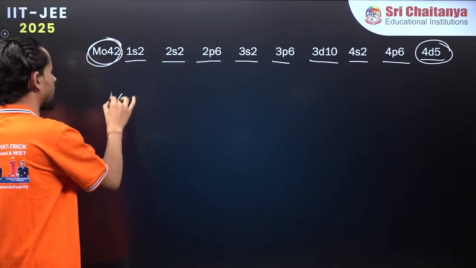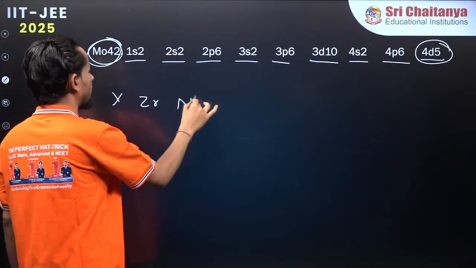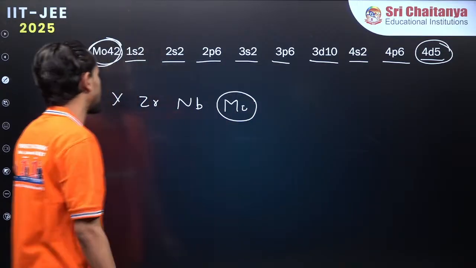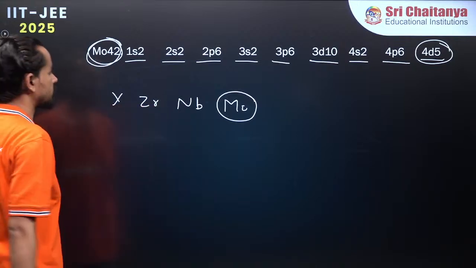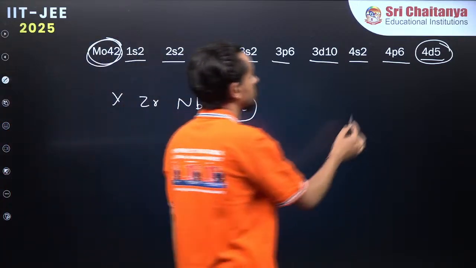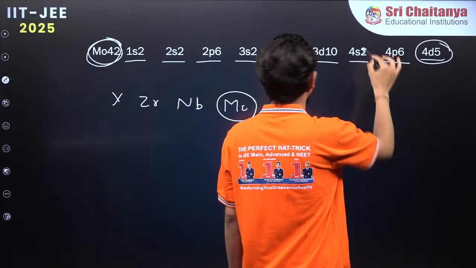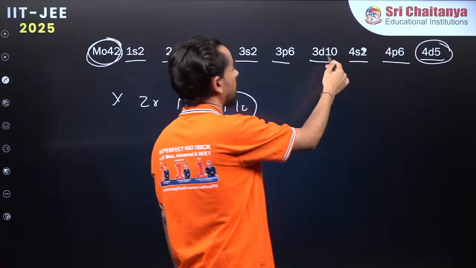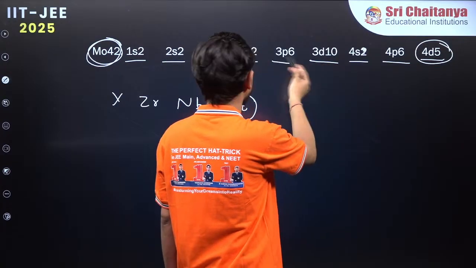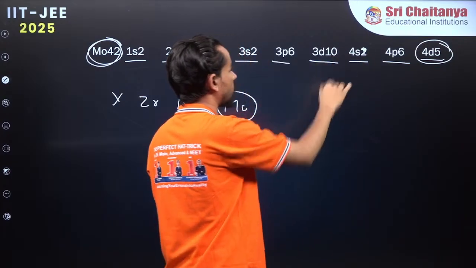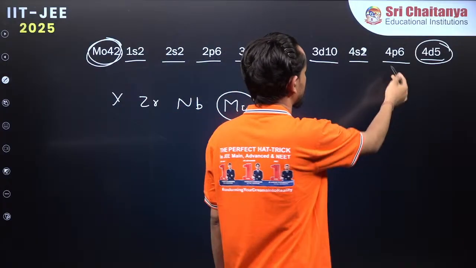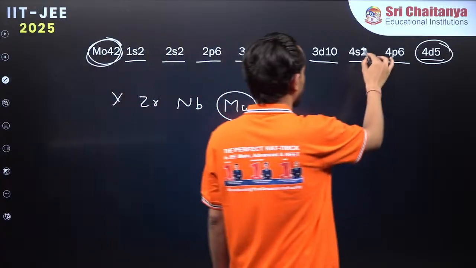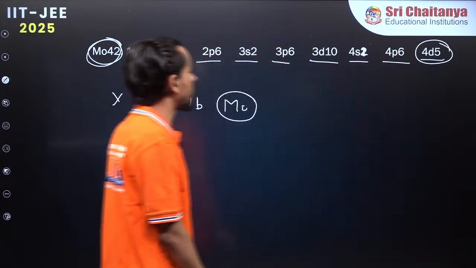Let me check, how much is it? 2, 4, 6, 10, 12, 18, 30, 36, and 5 more.